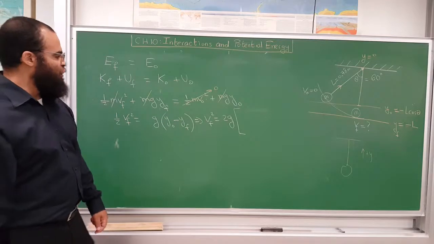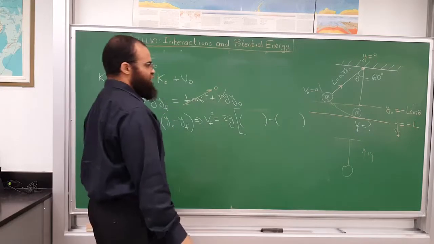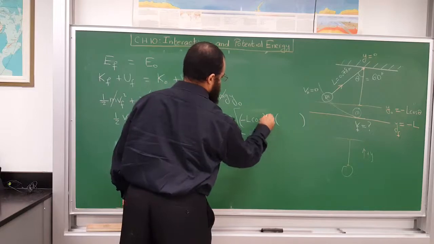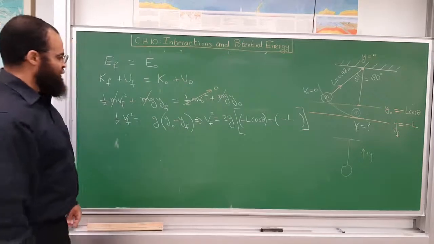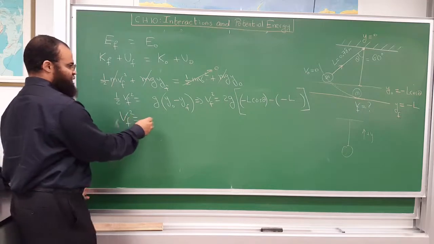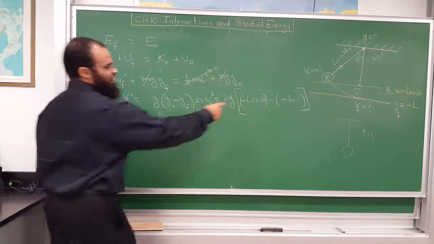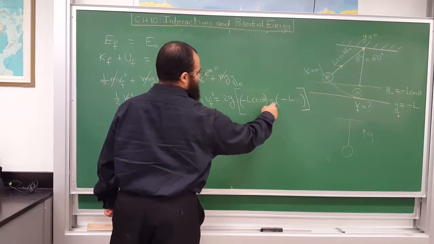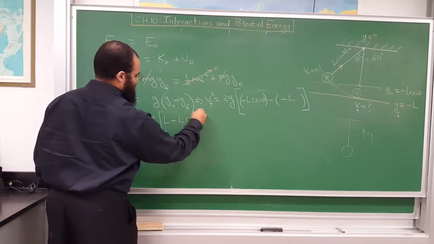Let's substitute. Y initial is negative L cosine theta. And y final is negative L. So you would have V final squared equal to 2g times, minus becomes plus, so this is positive L, so it becomes negative L cosine theta plus L. So that is L minus L cosine of theta.